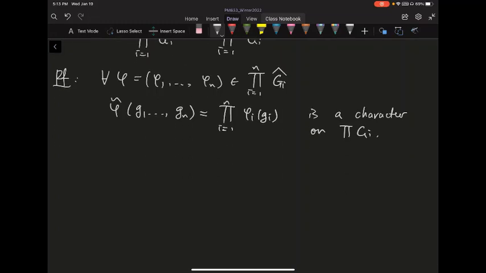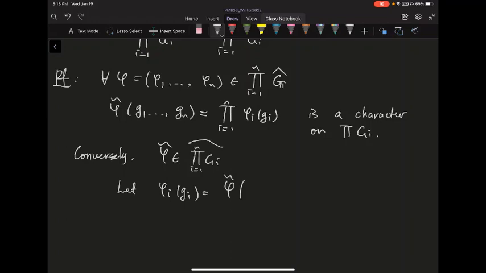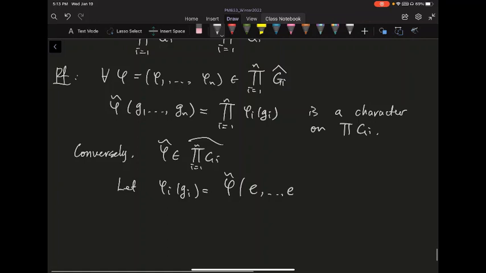And you do the same thing conversely. So let's say conversely, you take phi inside the dual group of the product of Gi, i going from 1 to n. What you can do is fix a coordinate, and you can define a character on the corresponding coordinate. So you let phi i of Gi be, using the standard trick of embedding your group inside the product, phi tilde of the element where you put identity on everything except the ith coordinate.